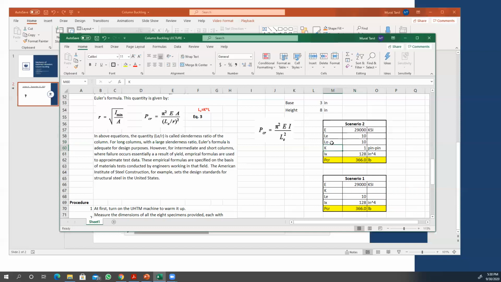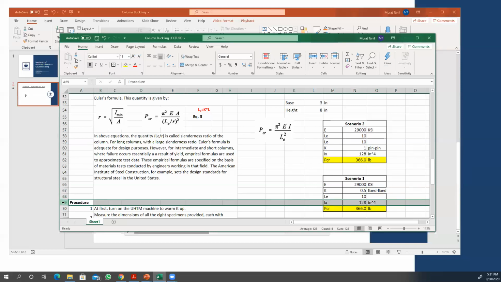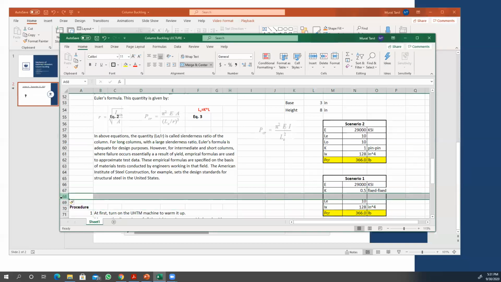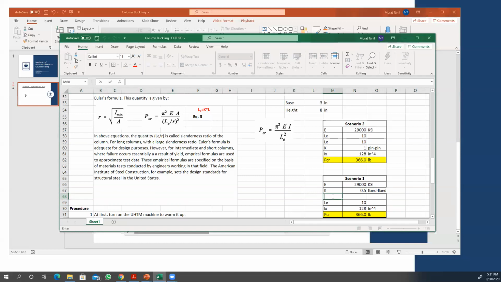Let's say this is 10. I'm going to calculate LE, the original length multiplied by the K value. I do the same thing here. In this case, it's going to be fixed. And the length is the same, 10.